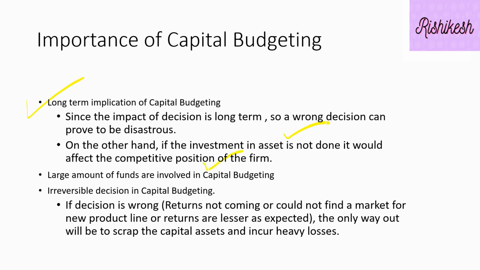On the other hand, if the investment in an asset is not done, it would affect the competitive position of the firm. So on one hand, you have to be very much careful about investing in a particular project. But then you cannot decide not to invest, because if you don't invest in creating an asset, you may miss out on the competition, right? Let us take an example that you are planning to launch some product in AI, and you have seen that the market trends are emerging in a way that the products which are based on AI will have a good market.